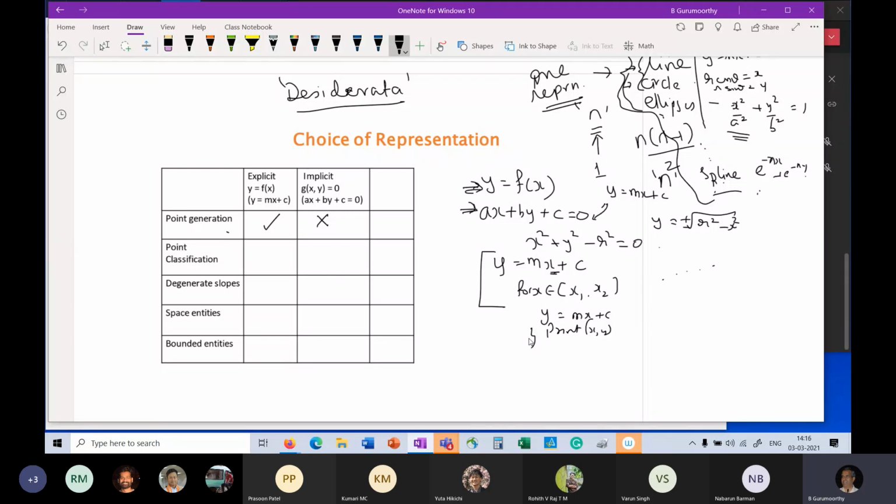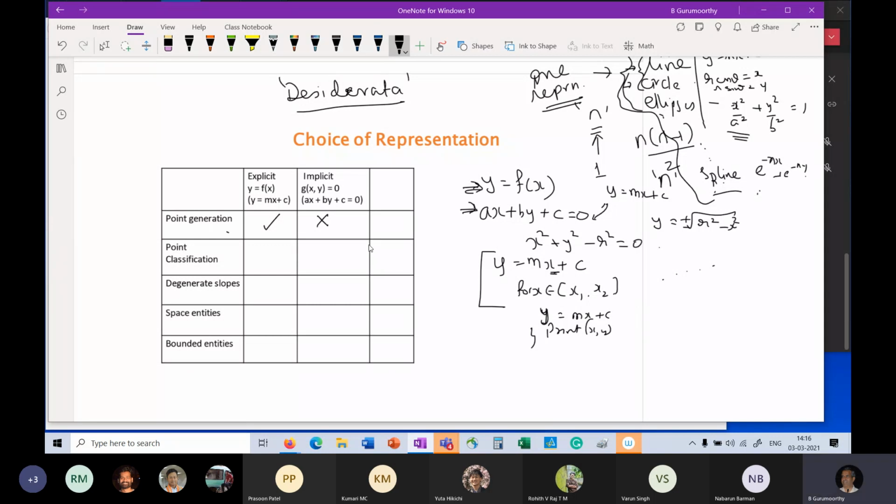That's all. And it's a very nice thing because automatically you know from where to where you want to generate the line. And computationally, this operation is the best operation that you can expect a computer to do for you, which is plug a variable, calculate an expression. Computers are very good at this.